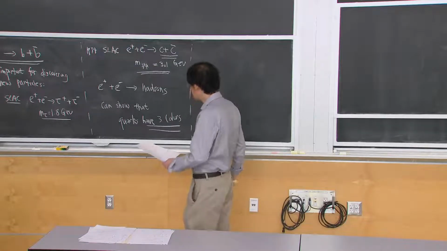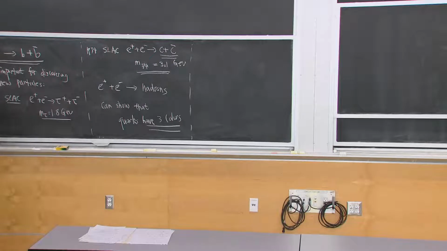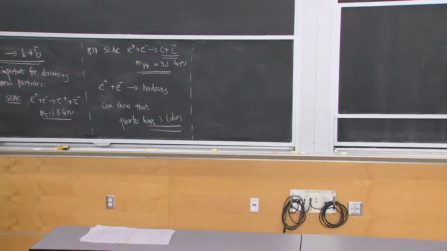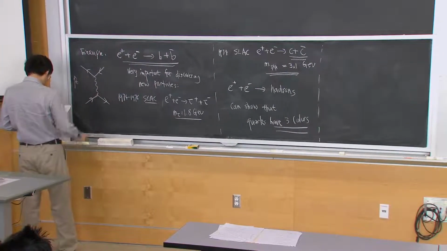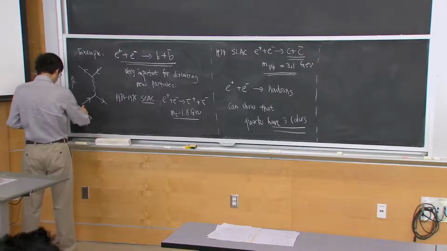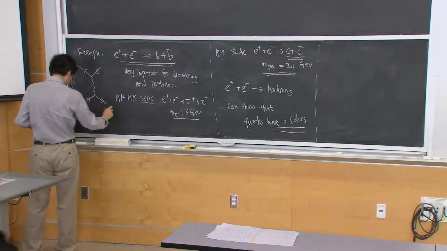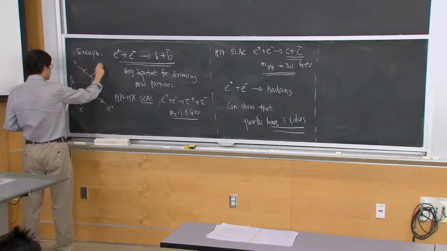Good. So now let's try to calculate this. Essentially we need to calculate this diagram, which is very easy to calculate. We need to calculate the cross-section corresponding to this. Let me label it. This is e minus, this is e plus, this would be b, and this would be b bar.